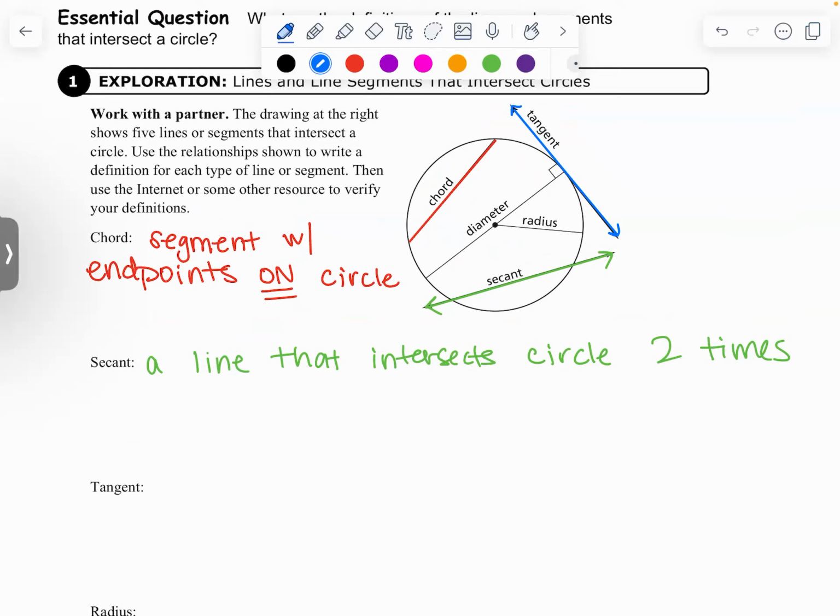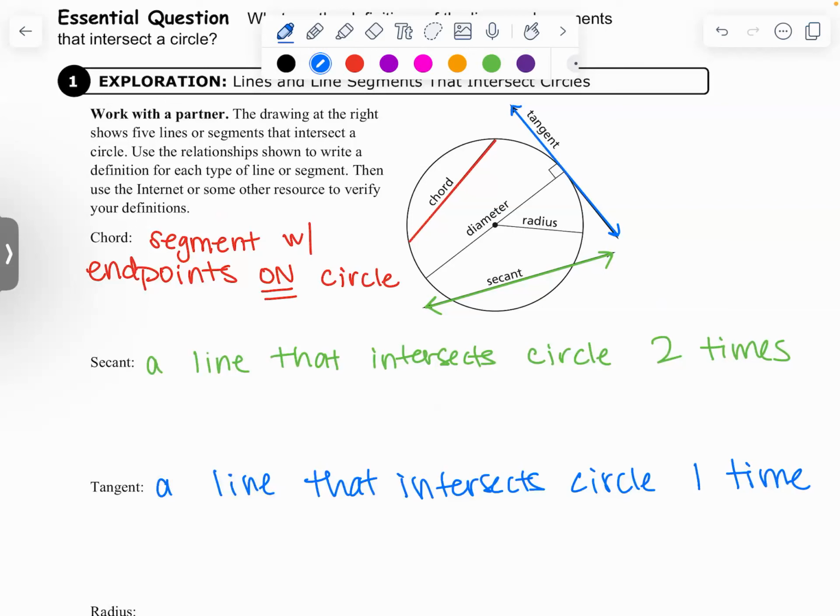So a secant went through the circle twice. Okay, so a tangent intersects our circle 1 time. A secant intersects our circle 2 times.